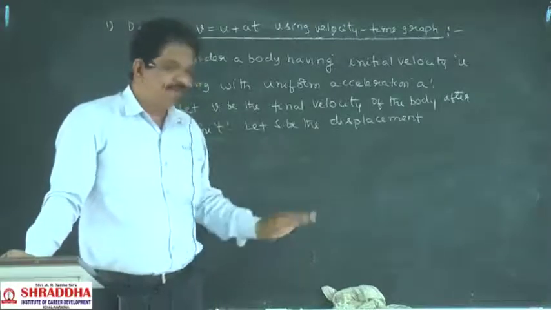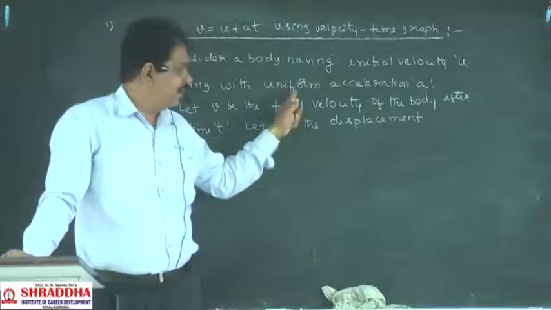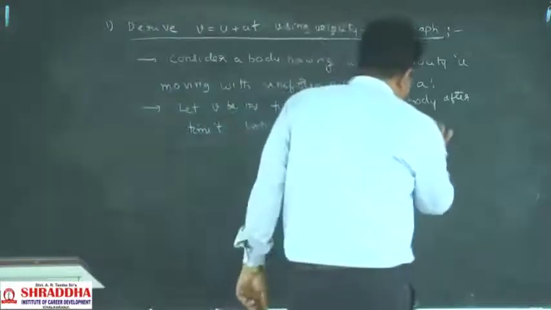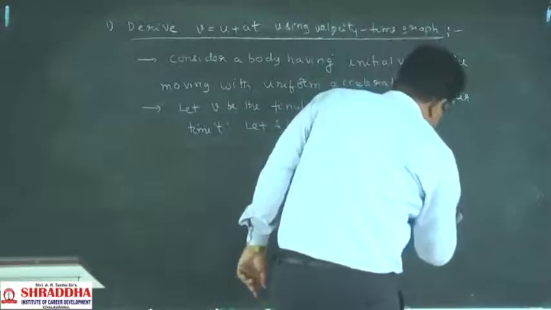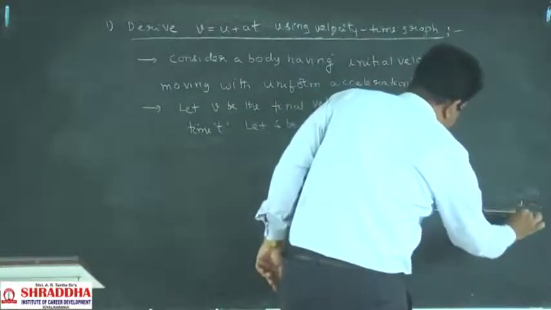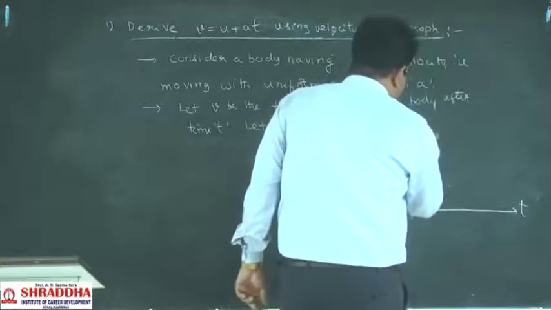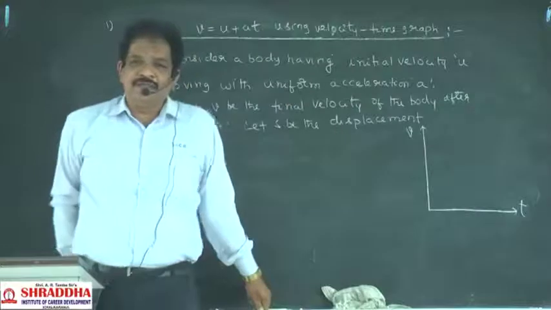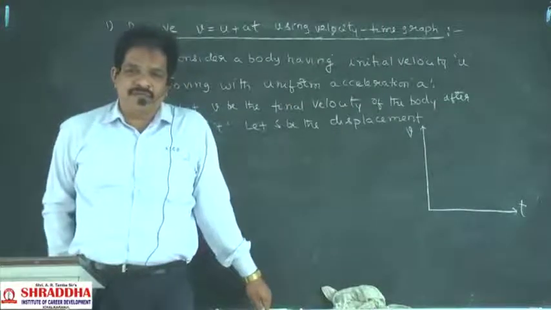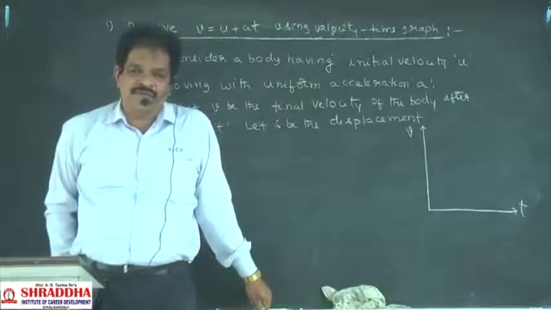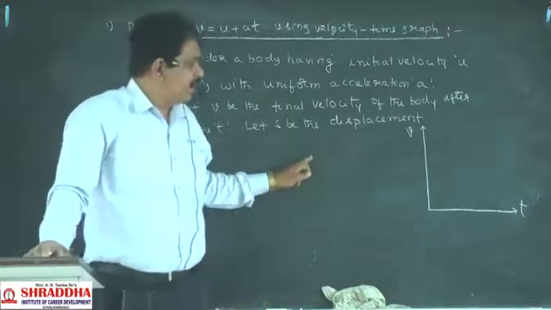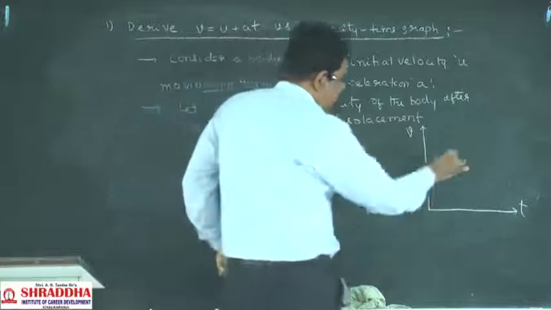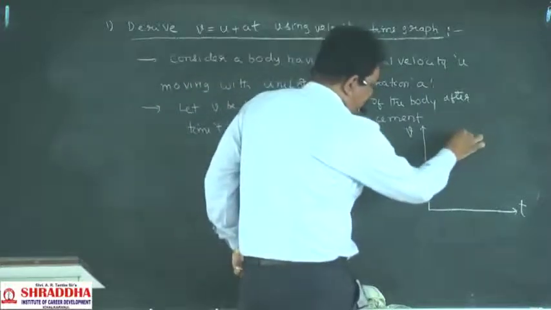If we draw the velocity time graph in this case, how will the shape of the graph be? Let us see. Take time values on the x-axis, velocity values on the y-axis, and draw a graph in this case. Shape of the graph will be in this manner.